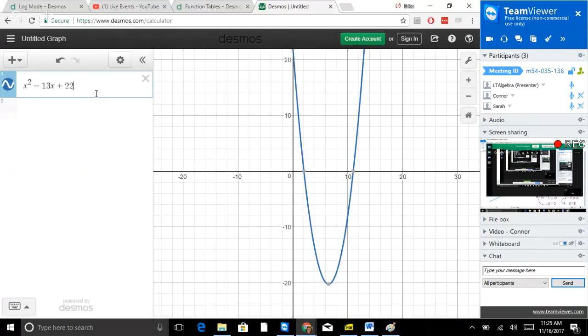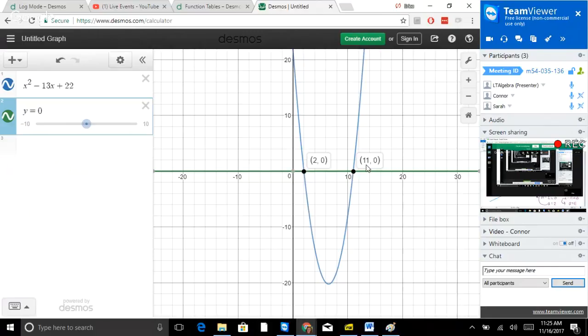Basically we're saying when does the y part equal 0? Y equals 0 along the x-axis, right? So when x is 2 or x is 11, those are the two times that my equation is 0. So that's kind of the full circle.